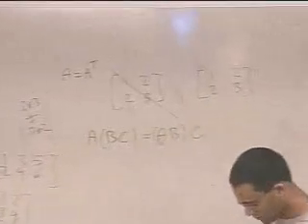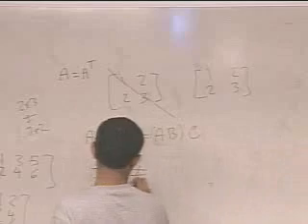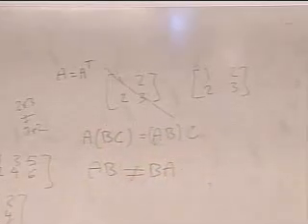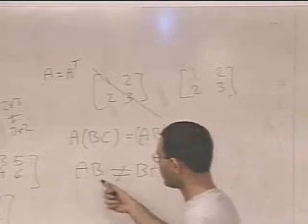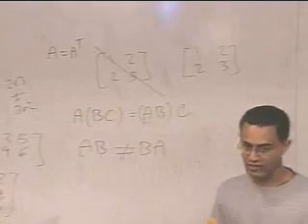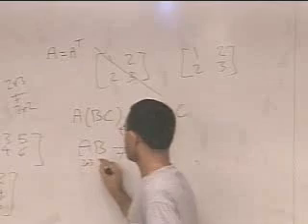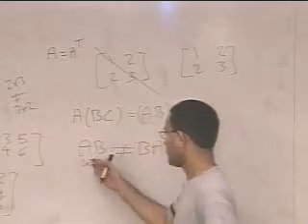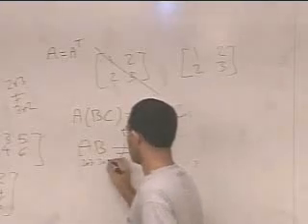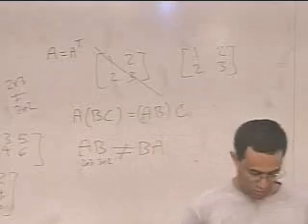Now it is important to know that A multiplied by B is not necessarily equal to B multiplied by A. First of all, if A multiplied by B is defined, B multiplied by A might not be defined or might be defined. Assume that this is a 2 by 3 matrix and this is a 3 by 1 matrix. Then this one is not even defined. But even if it's defined, it is not necessarily equal. So we cannot do it.